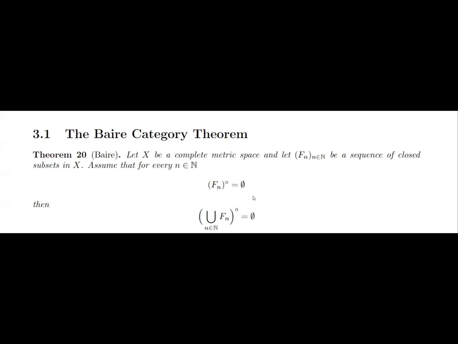So a simple and good example to illustrate that is, for example, you put some points in R or R^n, then you take the union indexed by n of the points.